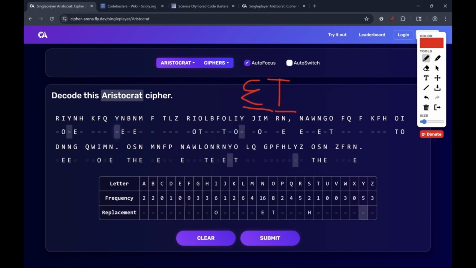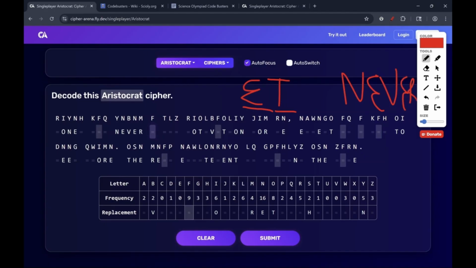So I'm thinking these two letters are probably pretty common, and when you do a lot of aristocrats, you'd probably get this pattern, never, that shows up a lot. And that's another pattern word that I'd recommend putting in your common pattern Google Doc or whatever: the word never. And the word the. Those are the two words that I've noticed from the cipher that are pretty common.